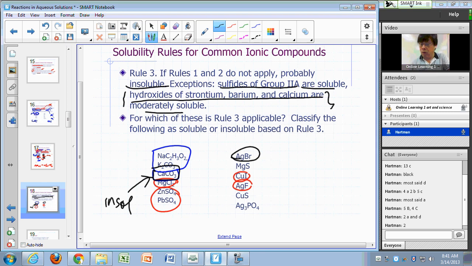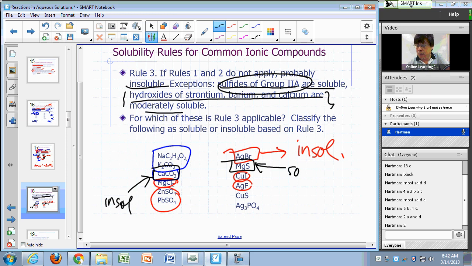Silver bromide. Oh, we forgot that one. That's rule number 2. Silver bromide is insoluble according to rule number 2. Okay. What else do we have here? Magnesium sulfide. According to rule number 3, that's an exception. Sulfides of group 2A are soluble, so that's soluble.